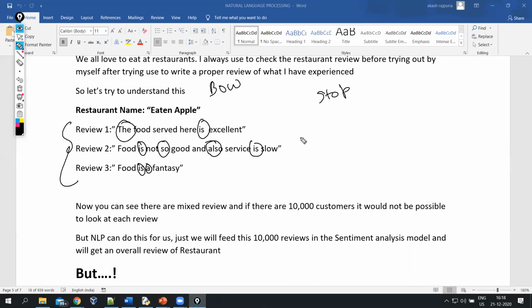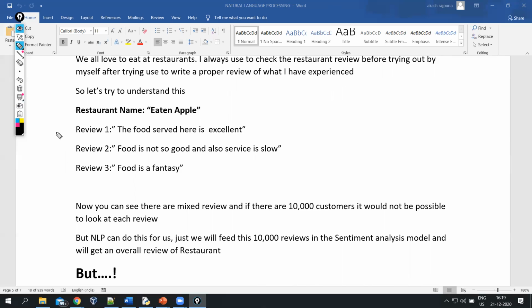These are the kinds of stop words which are not much useful in sentiment analysis. I will give you one library which gets the stop words and removes them. So while understanding the sentiment, we will remove these stop words, as simple as that.